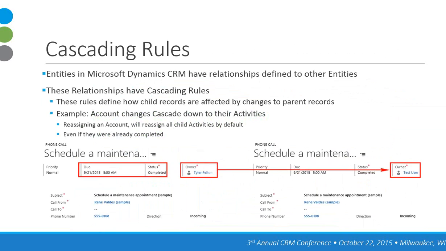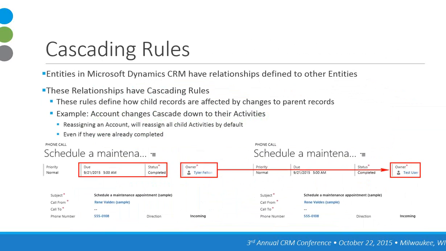What these rules do is they define how the child records are affected by changes to the parent records. So you'll have that parent-child relationship, and those changes may cascade down to those children. In the example here, when you reassign an account, it will also reassign all child activities, and that's how it acts by default out of the box.